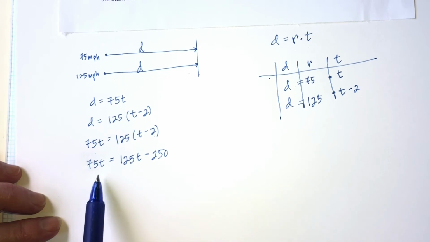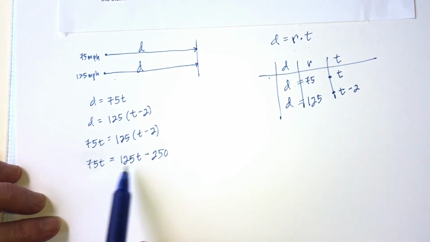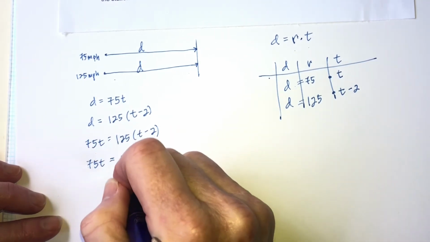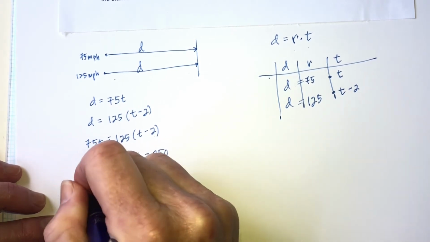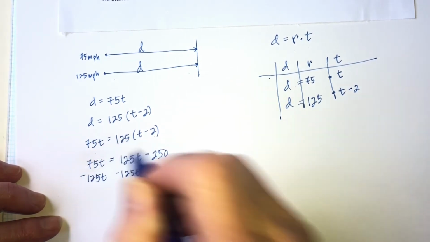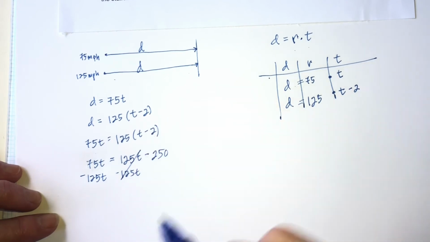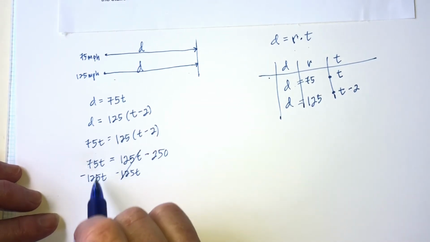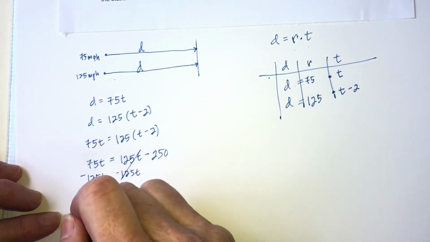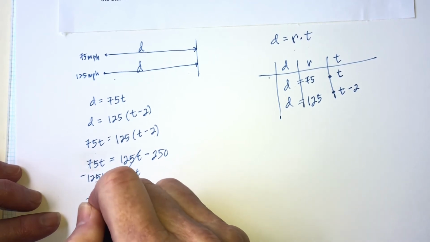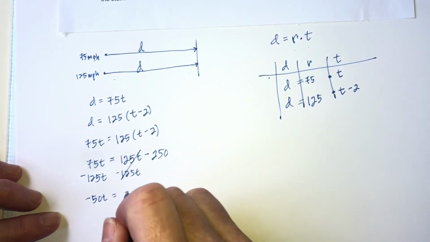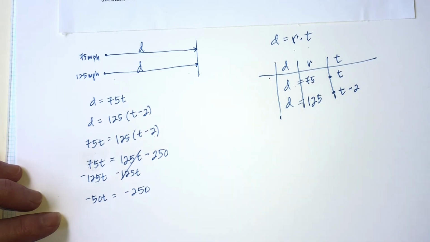So at this point, we can subtract 125t from both sides. So that cancels out there. And here, the difference between these two, well, that's going to be negative 50t, and that equals negative 250.